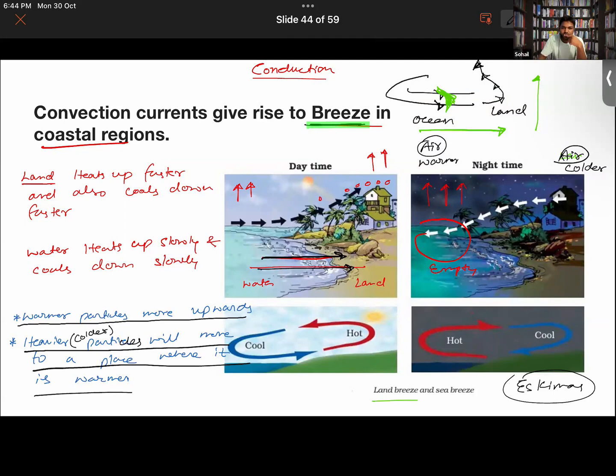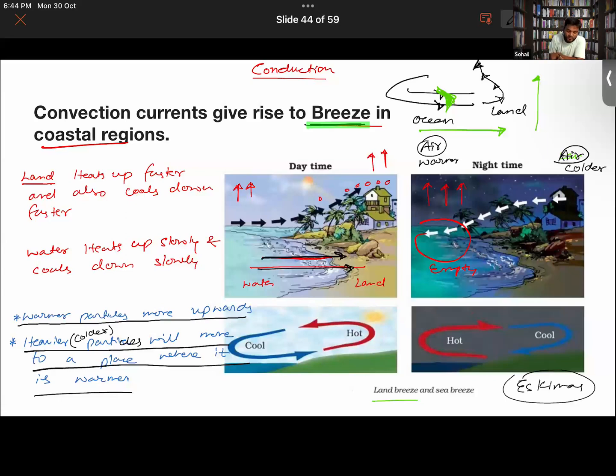If you ever happen to visit the coastal areas, there's a gentle wind flowing there. The gentle wind that comes from the ocean side is also called a breeze, and the gentle wind that flows from the land towards the ocean side is also called a breeze.